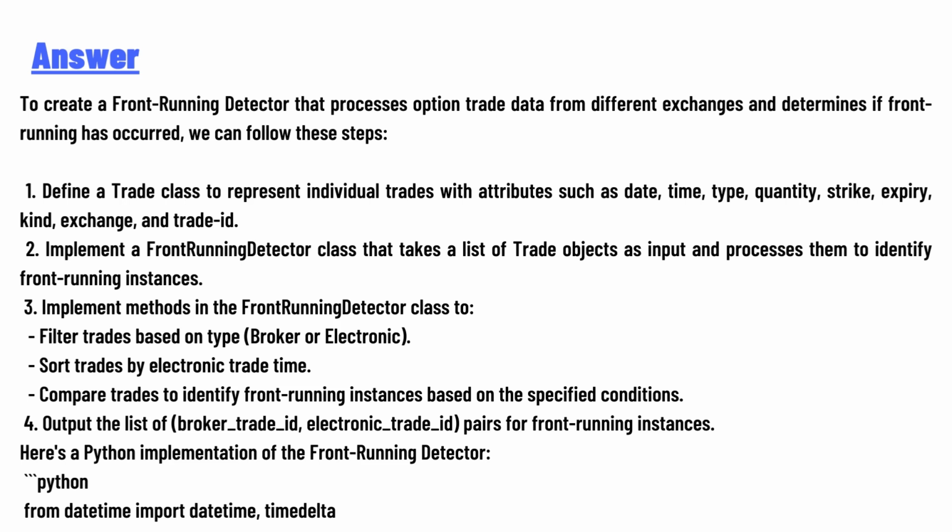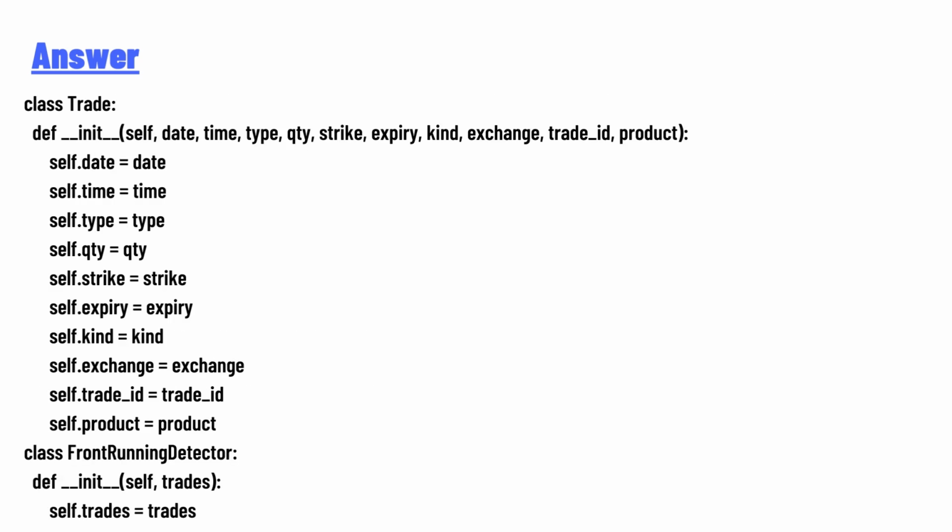Python: from datetime import date, time, timedelta. Class Trade, def __init__(self, date, time, type, QTY, strike, expiry, kind, exchange, trade_ID, product): self.date = date, self.time = time, self.type = type, self.QTY = QTY, self.strike = strike, self.expiry = expiry, self.kind = kind, self.exchange = exchange, self.trade_ID = trade_ID, self.product = product.